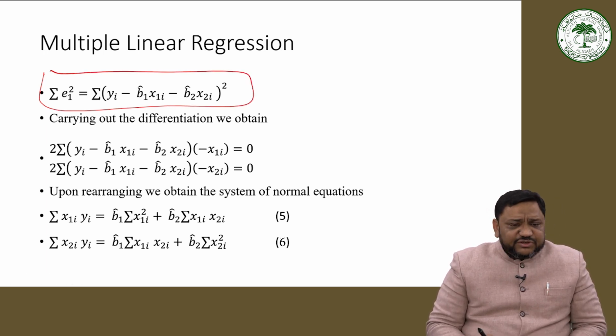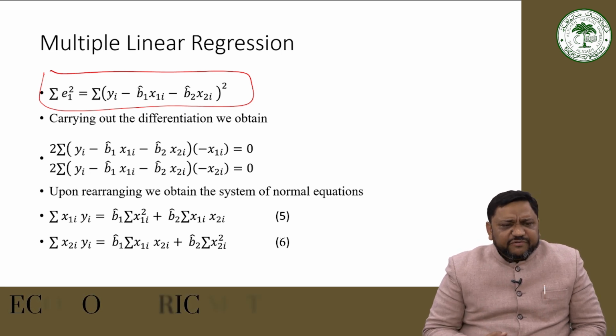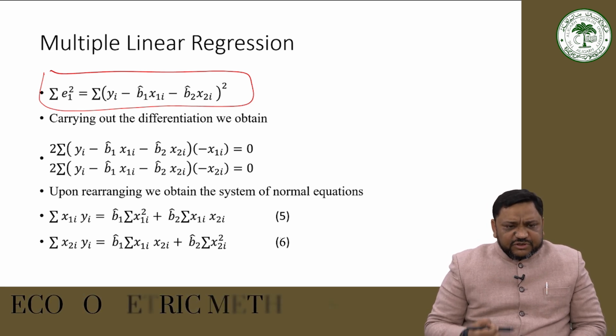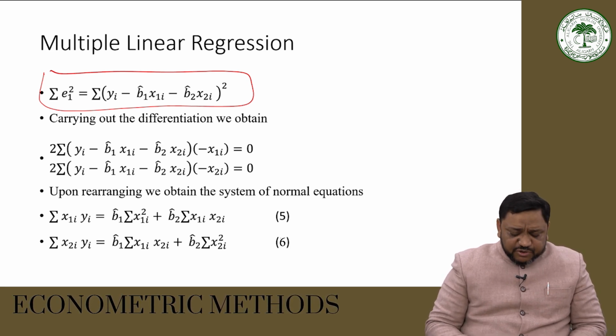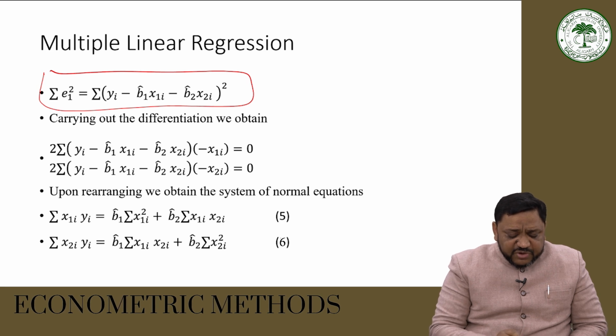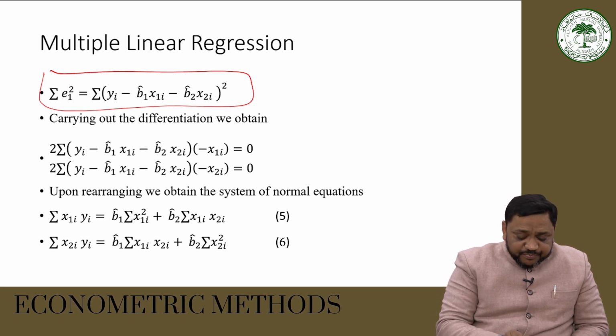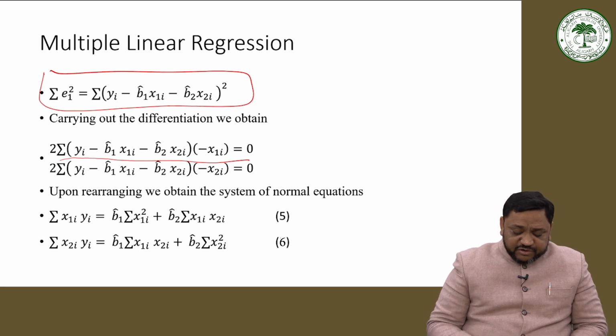Now we do the differentiation as we have done in our previous equations. We do the differentiation with respect to b1 hat and b2 hat. So upon doing differentiation, what we get is 2 summation bracket open yi minus beta 1 hat x1i minus beta 2 hat x2i multiplied by summation x1i, which we equate with 0.